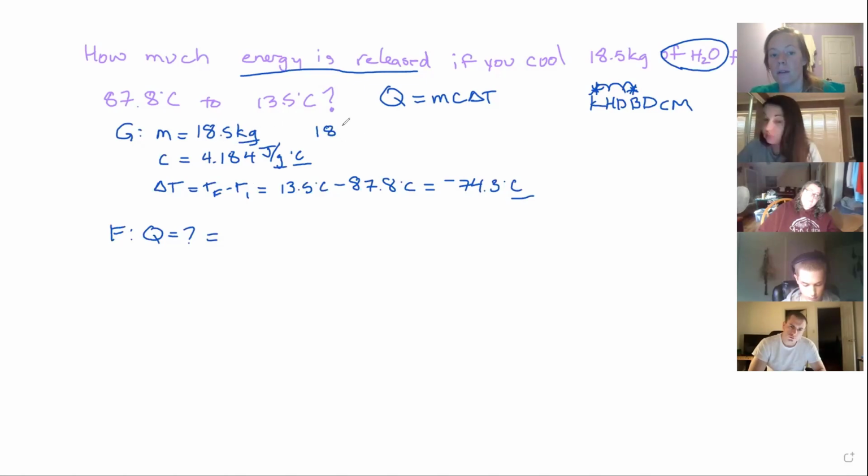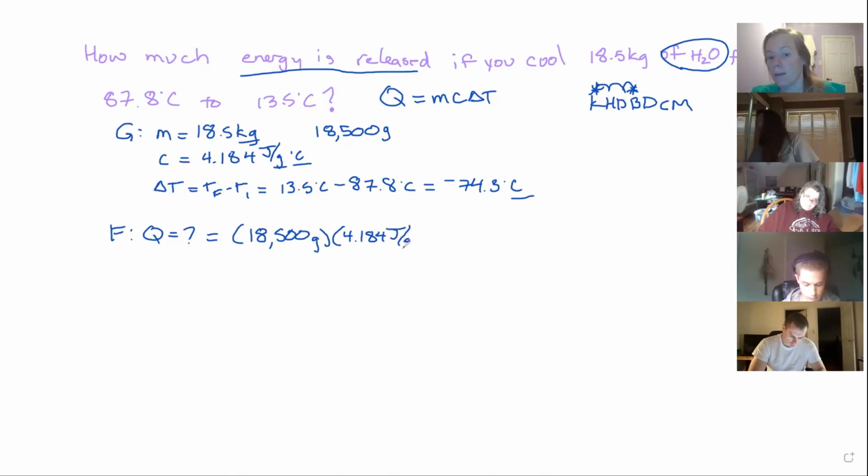So we add 2 zeros. So 18,500 grams. Now we plug that into our equation. The mass, 18,500 grams, times 4.184 joules per gram degree Celsius, times the negative 74.3 degrees C.